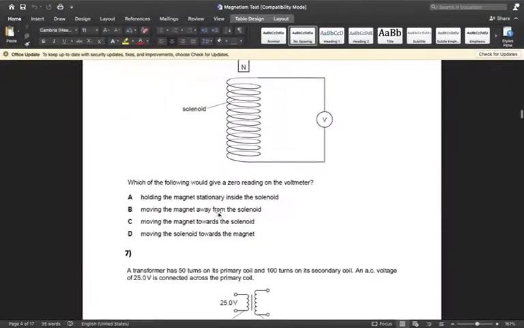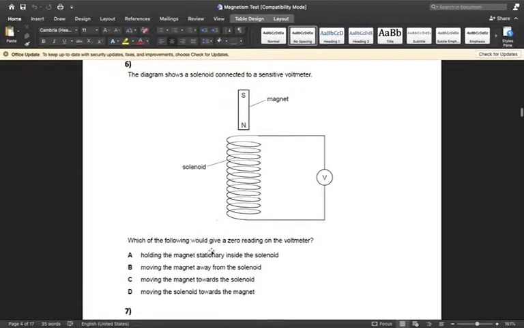Yes, Najud, of course. Question 6 was A because if the magnet is not moving, there is no changing magnetic field, or no cutting of magnetic field lines. For a current or an EMF to be induced and detected by the voltmeter, the magnet needs to be moving, or the solenoid needs to be moving, so that magnetic field lines are cut and an EMF is induced.